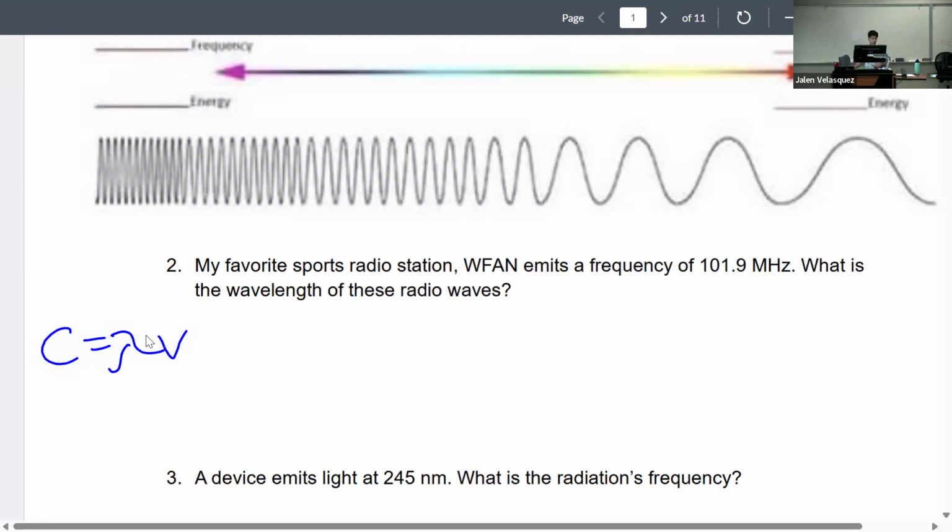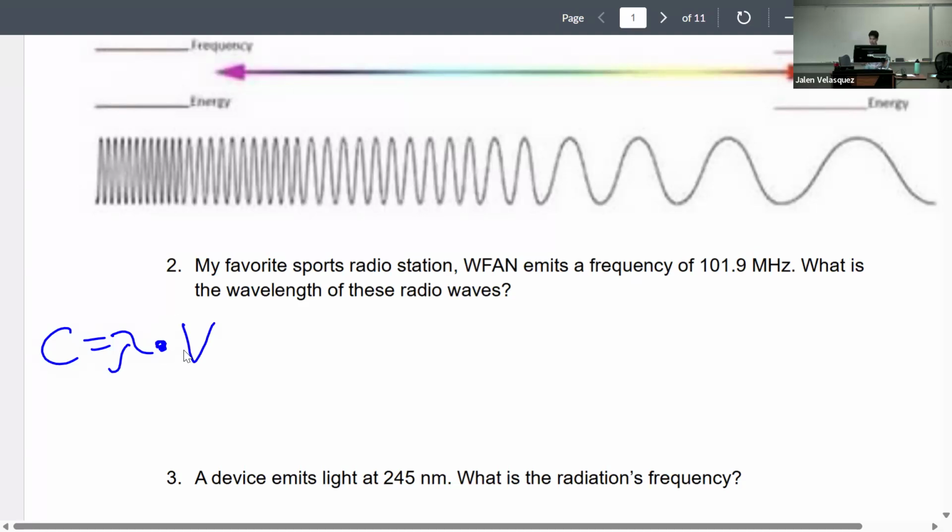Speed of light is equal to the wavelength times the frequency. So what did you guys think to do first in this problem?